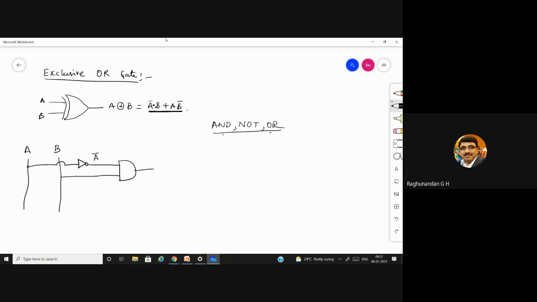So use an AND gate. Next, A into B bar. So take one input from A and B bar. So take one input from B and pass it through the NOT gate because it is complement of B. And after that, pass it through the AND gate, and then we are having OR operation. So this is the OR gate. A bar B plus A B bar. Okay, this is the logic circuit of it.